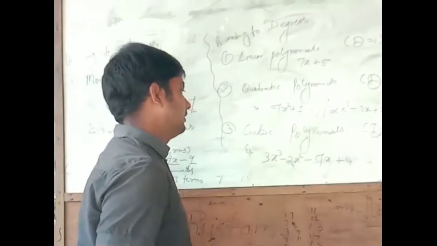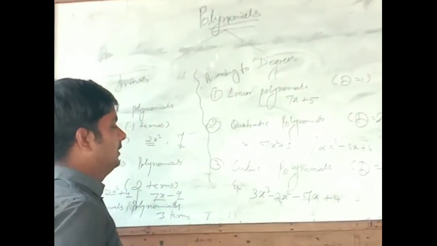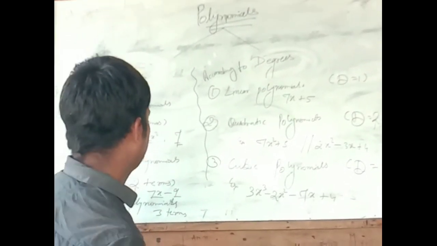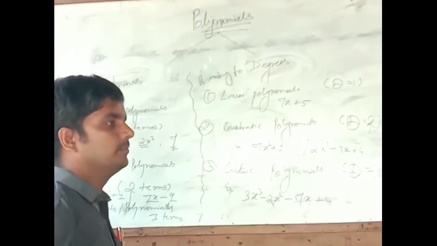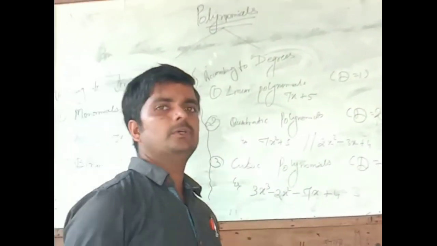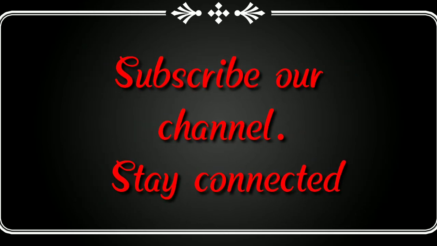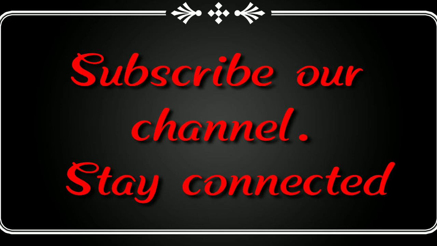This is one example of a cubic polynomial. Like this, we can name according to the degree. So this is the information about polynomials. In the next video, we will study the zeros of a polynomial and the relation of the zeros in graphical form.